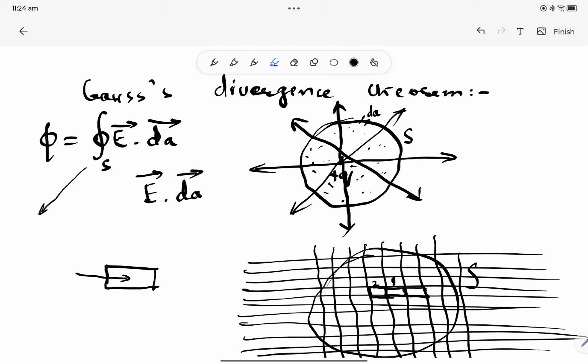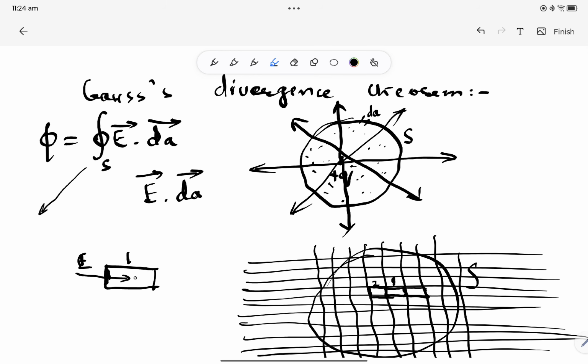not like this, a pure horizontal field, perhaps set up by a capacitor. Now you have an electric field line here entering into the cube number 1. At this place it is entering into the cube number 1, and when you calculate flux through this surface, the flux through this face will come out to be negative. Why?